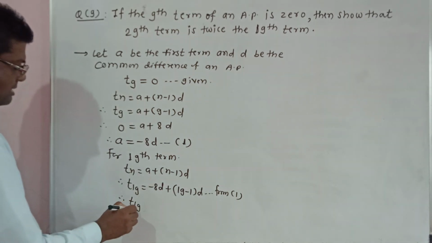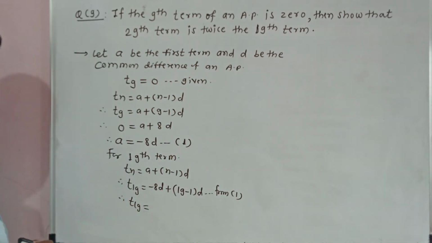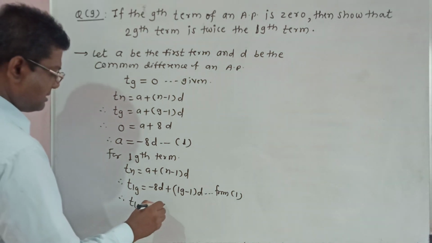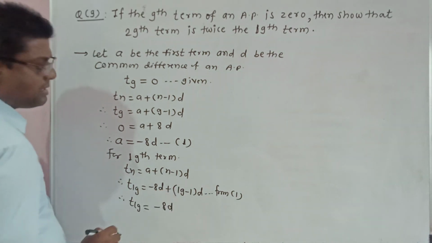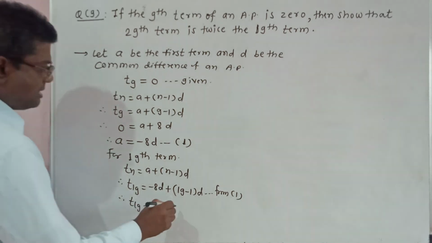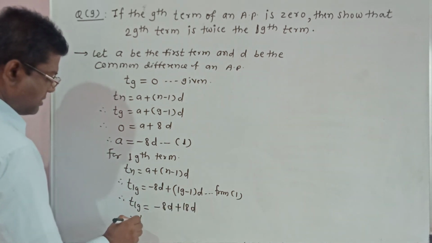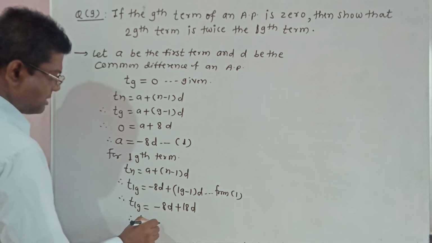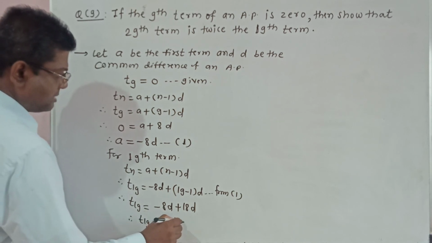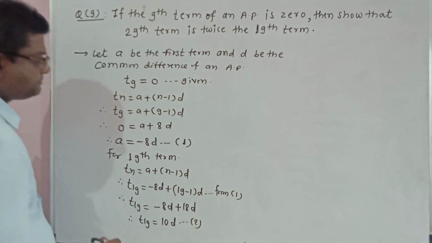Therefore T19 is equal to minus 8D plus 18D. Therefore T19 is equal to 10D. This is equation number 2.